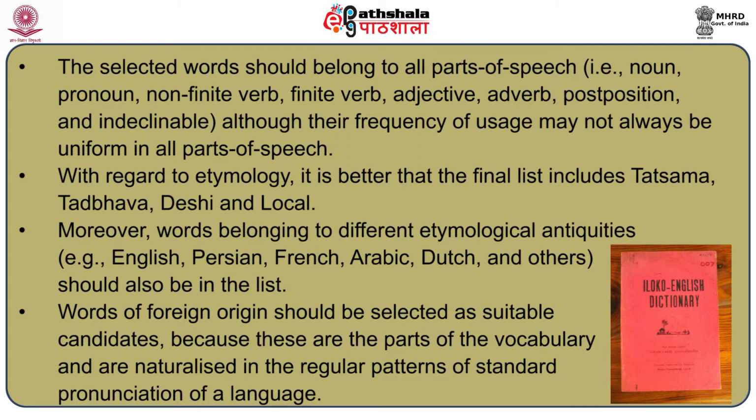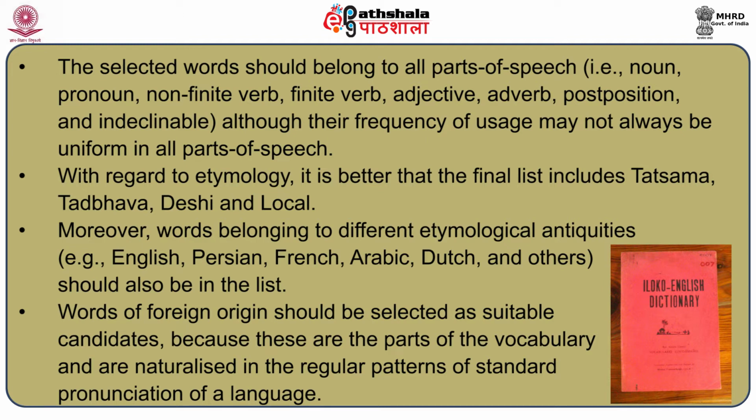The selected words should belong to all parts of speech: noun, pronoun, non-finite verb, finite verb, adjective, adverb, postpositions, and indeclinable, although their frequency of usage may not always be uniform in all parts of speech. With regard to etymology, it is better that the final list includes tatsama, tadbhava, desi, and local words.